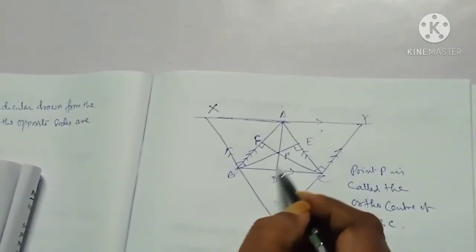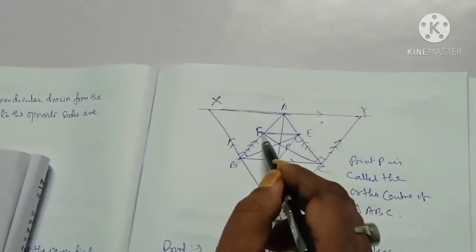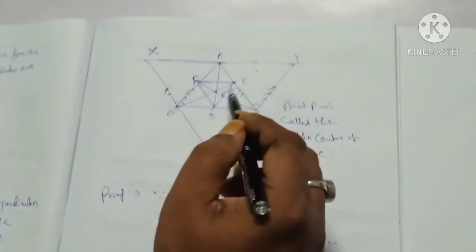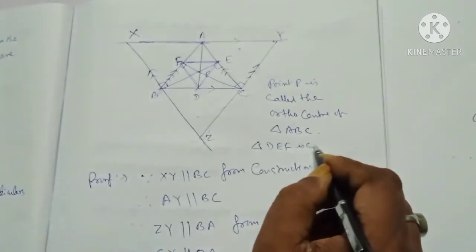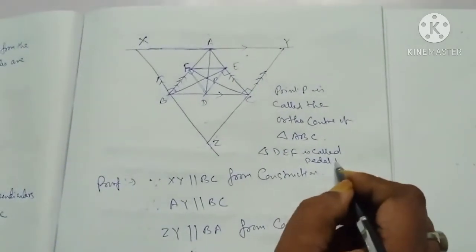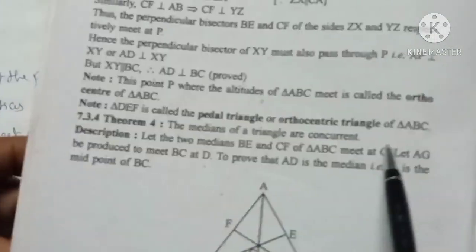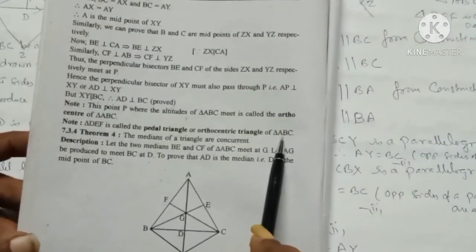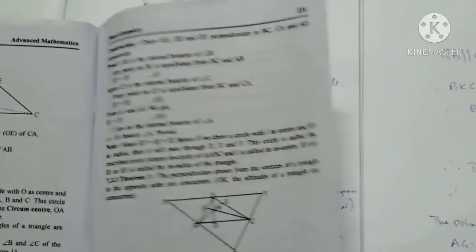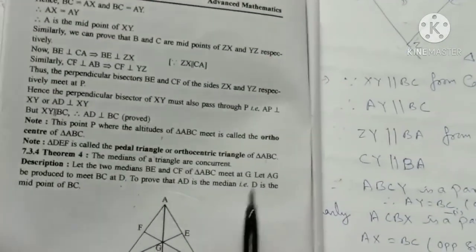And this triangle DEF is called the pedal triangle, or it is also said to be the orthocentric triangle of triangle ABC.